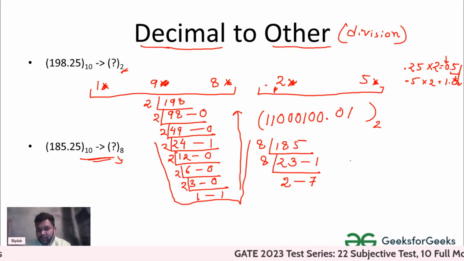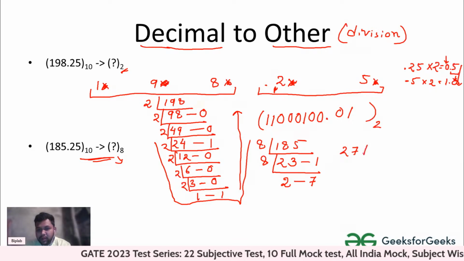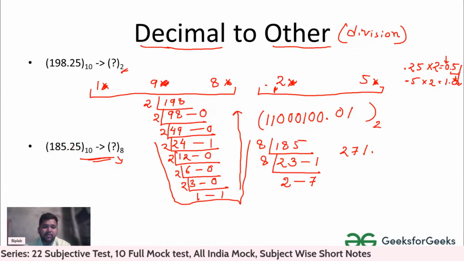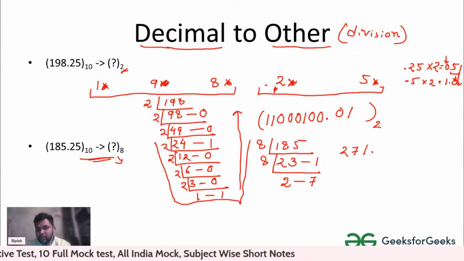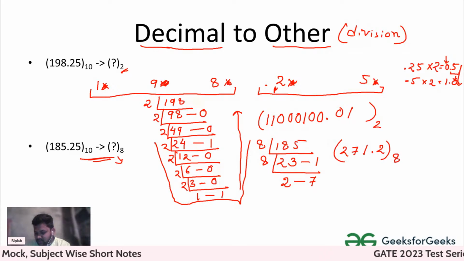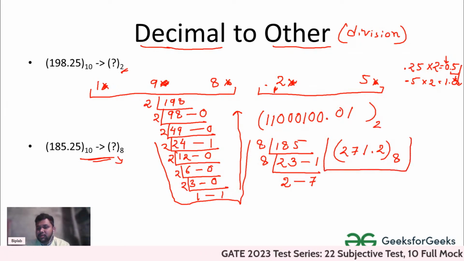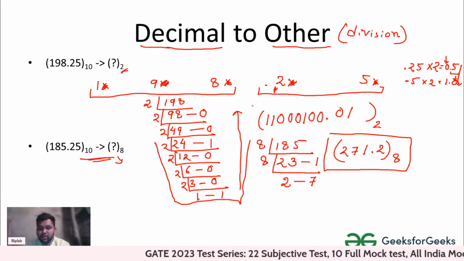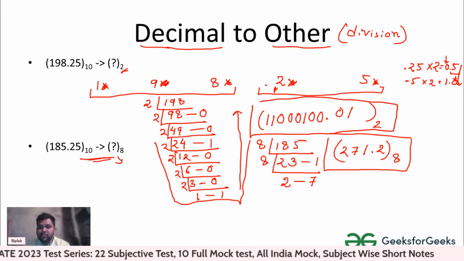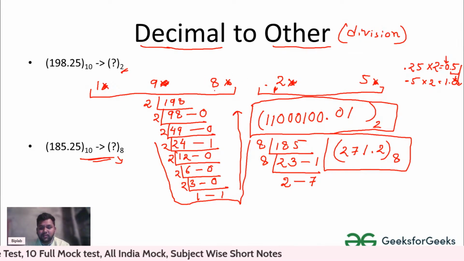Yes. So the number is 271 and point. The fraction has to be multiplied with 8, which will result in 2. That is base 8. This is the answer, and this is another answer. So this is the process of converting a decimal number to another base.